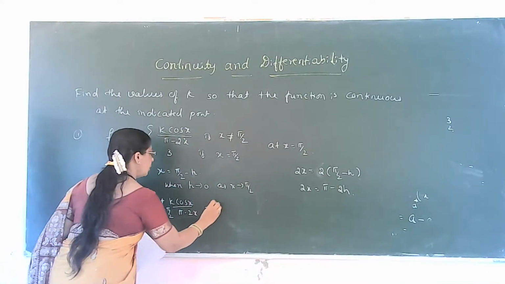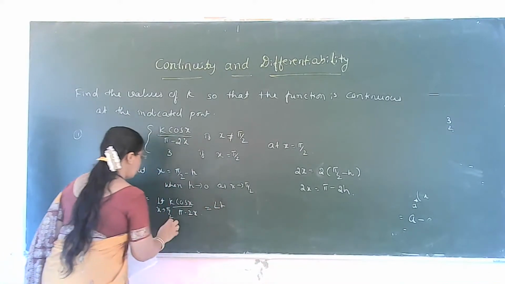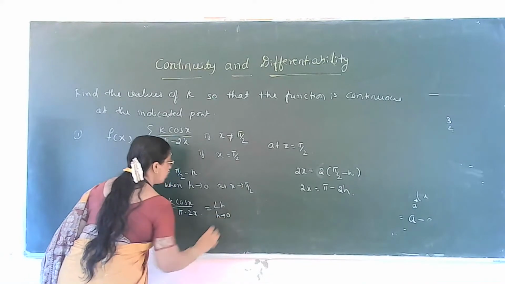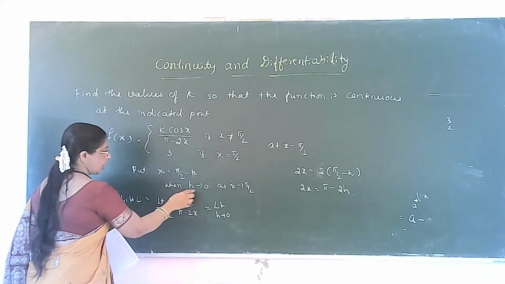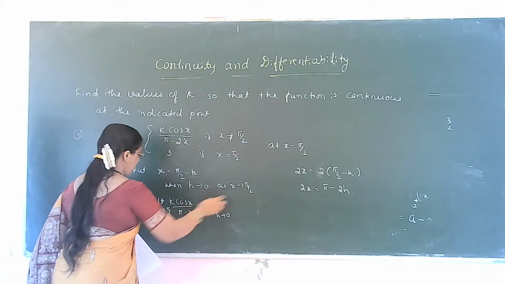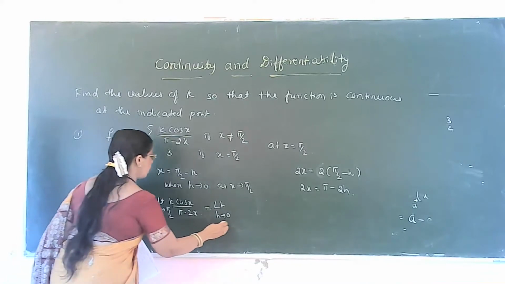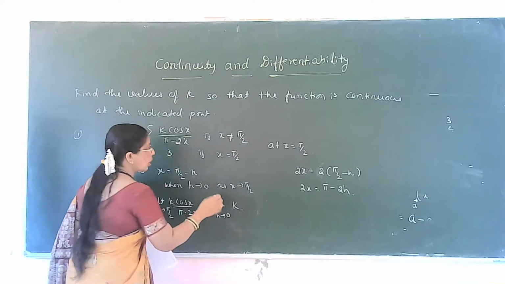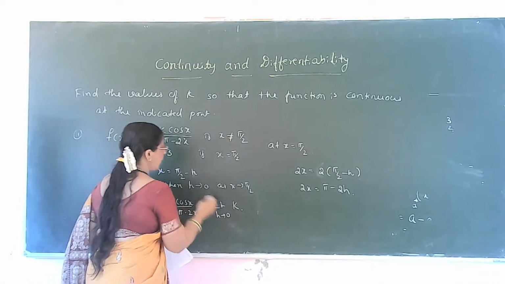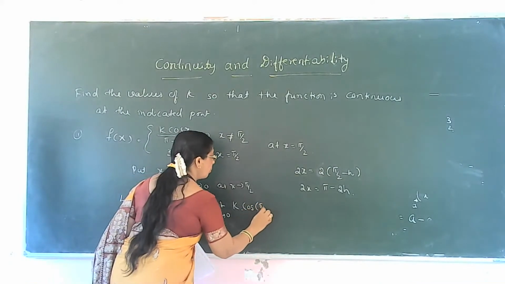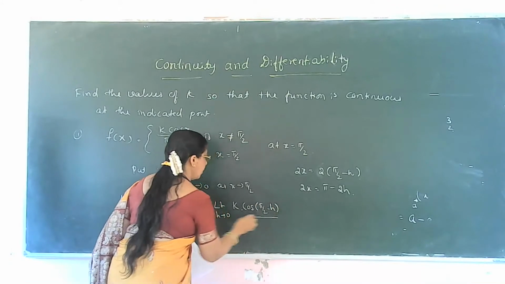Now put the value: as x tends to 5 by 2, h tends to 0. Therefore, I write it as limit h tends to 0, k into cos x, where x is equal to 5 by 2 minus h, cos of 5 by 2 minus h.